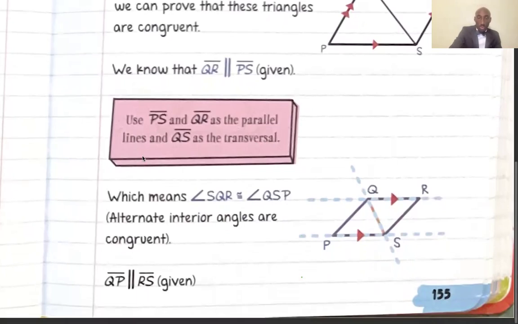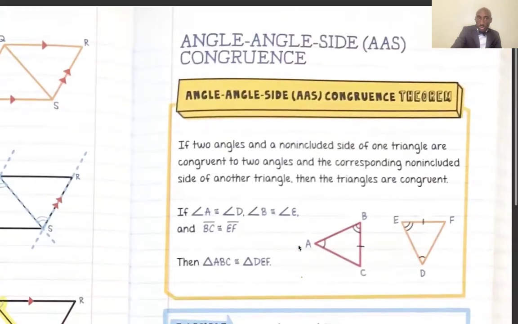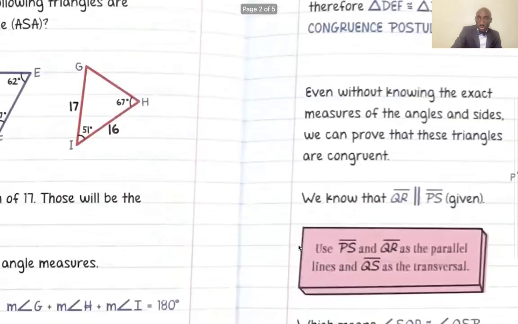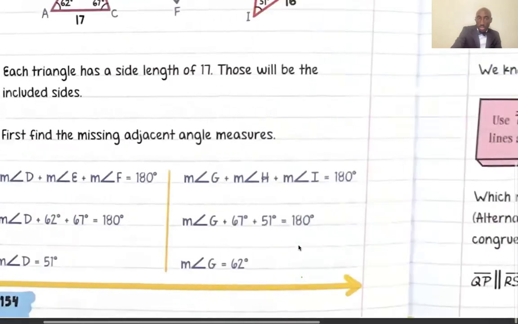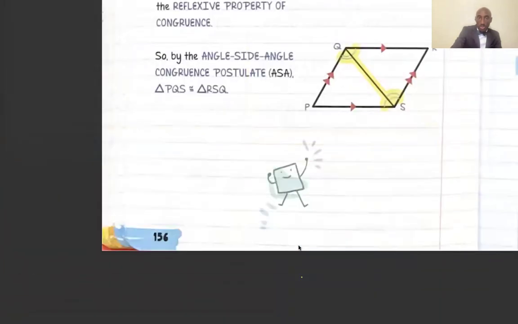So with that parallel system being given, that means that angle SQR and angle QSP, alternate interior angles, are congruent. Sorry.